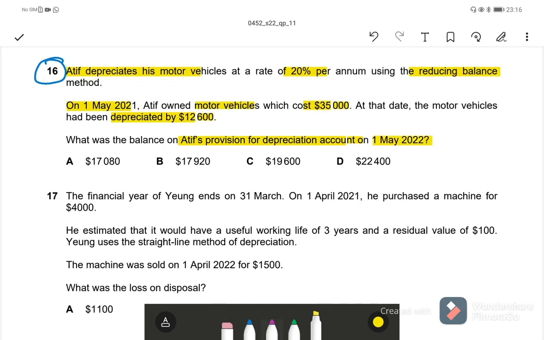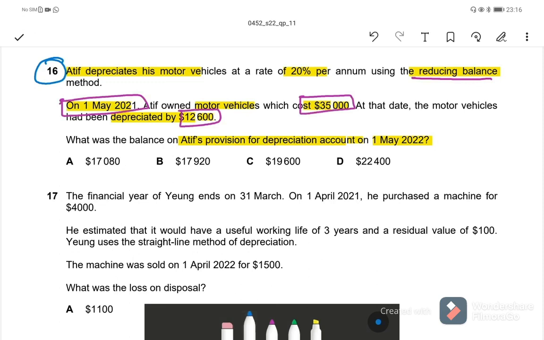Here, the depreciation is calculated at reducing balance method, meaning on net book value. The opening motor vehicle cost is 35,000. Depreciation balance is 12,600 on 1st May 2021. This is the opening balance. So next year, what will be the opening balance? That is the question. So let's calculate the depreciation of this year.